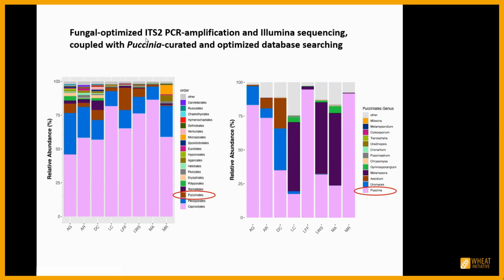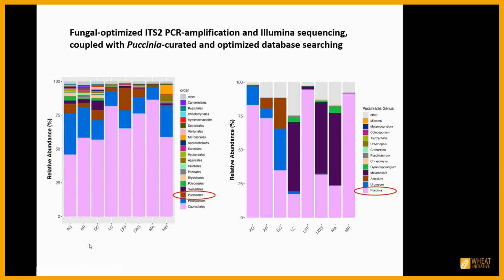Here we only used the ITS2 sequence, which was PCR amplified and Illumina sequenced. This was work done by Wen Chen and Sarah Hamilton, also in collaboration with Andre LaRoche in Alberta.